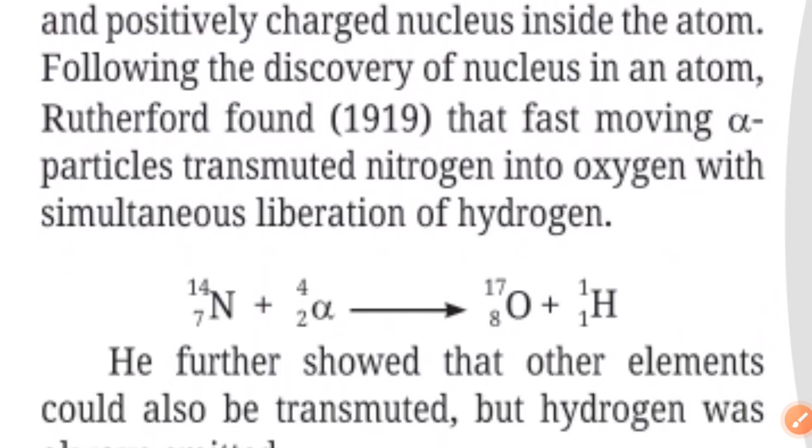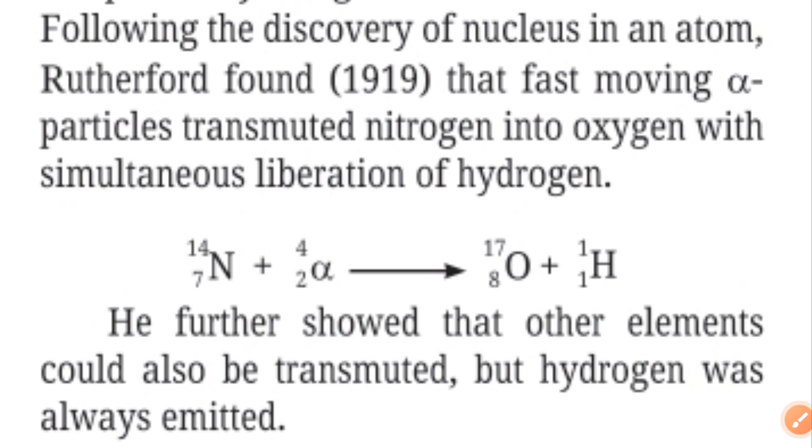Following the discovery of the nucleus in an atom, Rutherford found that the fast-moving alpha particle transmuted nitrogen into oxygen with simultaneous liberation of hydrogen.